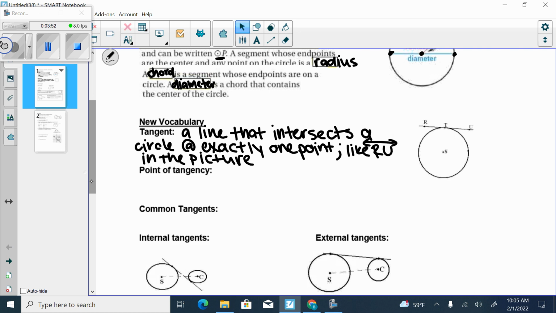Okay? Next word is a point of tangency. This is the point on the circle where a tangent line intersects the circle.